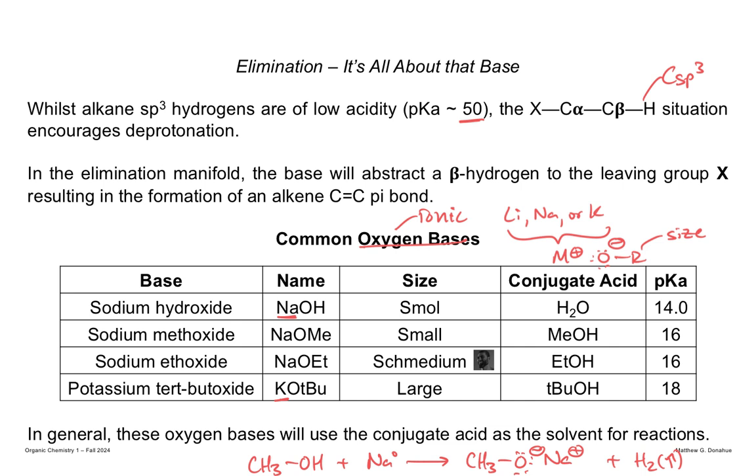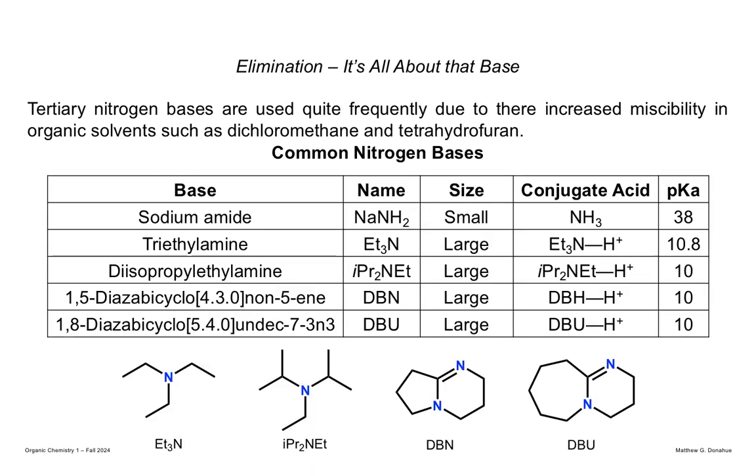But sometimes you don't always want a polar protic solvent in your reaction. So the nitrogen bases are a great alternative for that, because then you can just use a normal organic solvent. So here we see 5 of them. Sodium amide, that's just the conjugate base of ammonia. And so that's kind of made the same way as the methoxide.